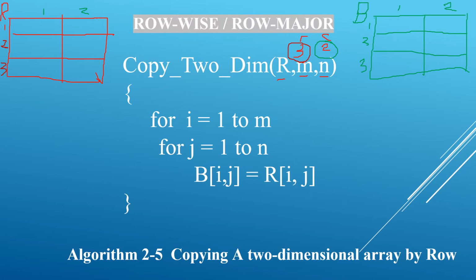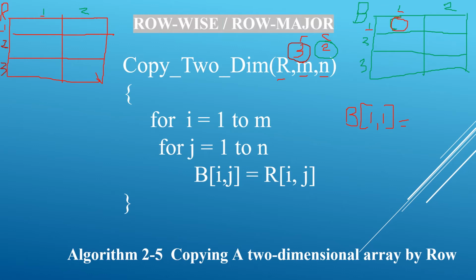Now, the elements of this one, row 1, column 1 of B, the value of row 1, column 1 of B should be the element at row 1, column 1 of R, okay?